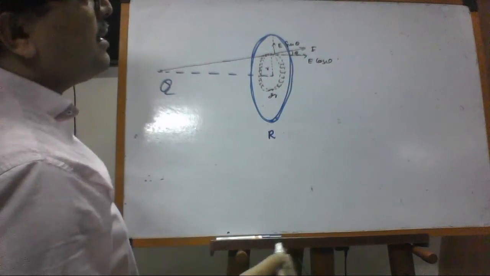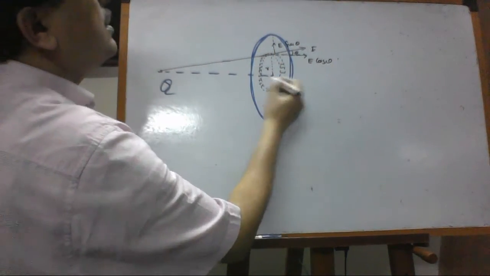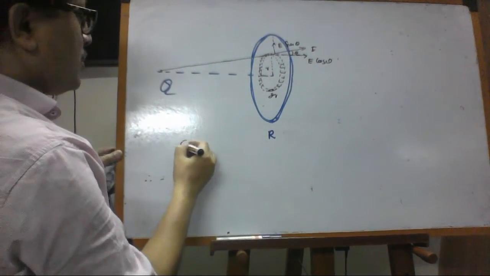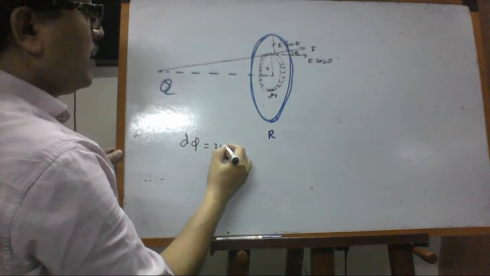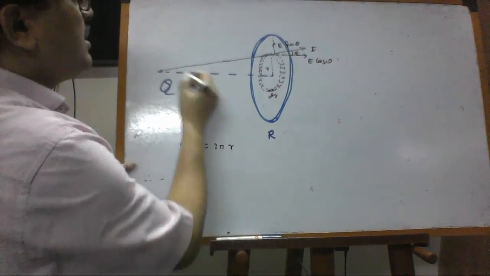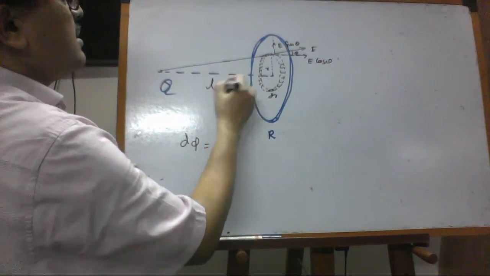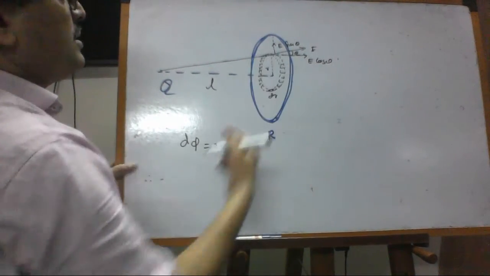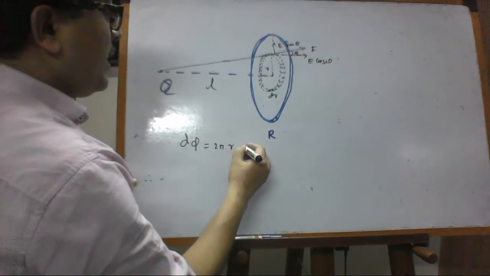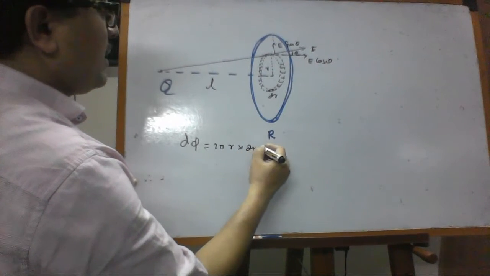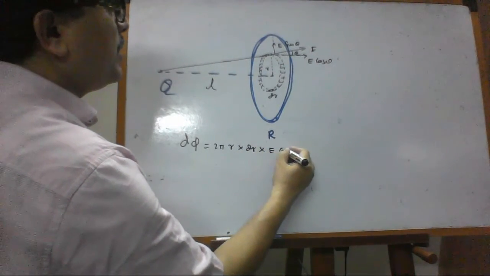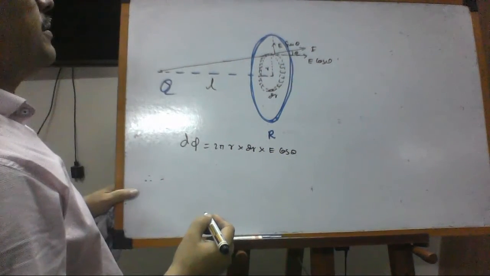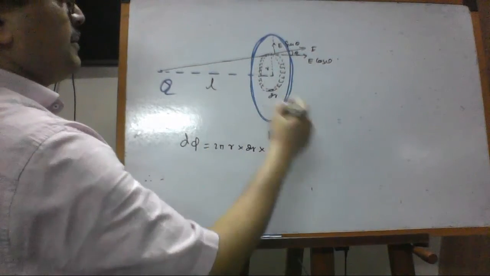Again, E sin theta has no contribution, only E cos theta. So d phi will be, suppose this distance is L and this radius is r, 2 pi r into dr, in the same manner, into E cos theta.